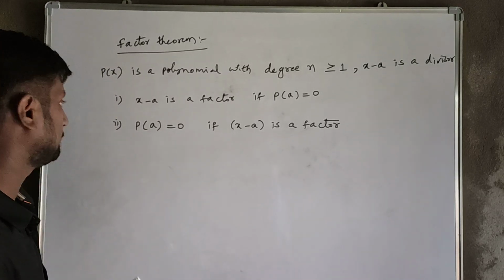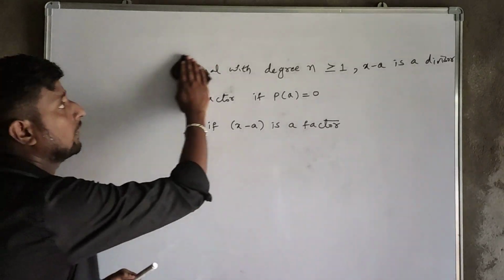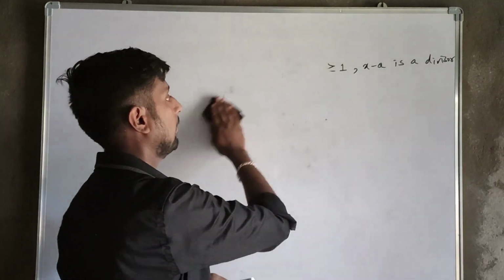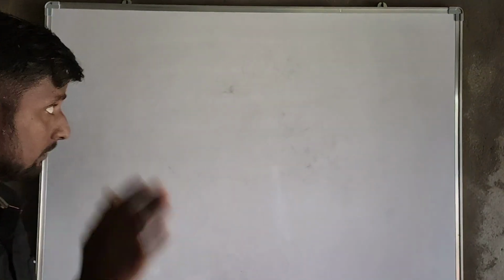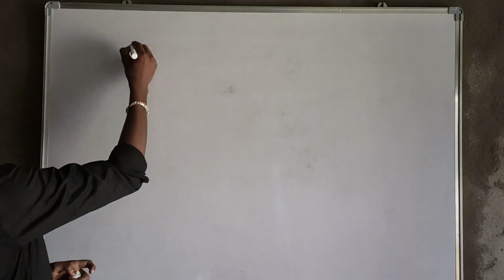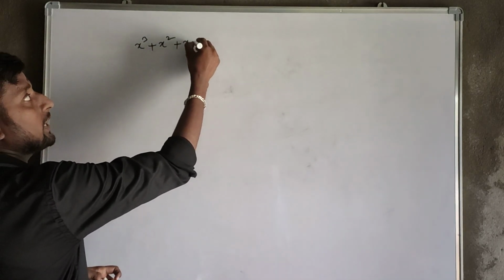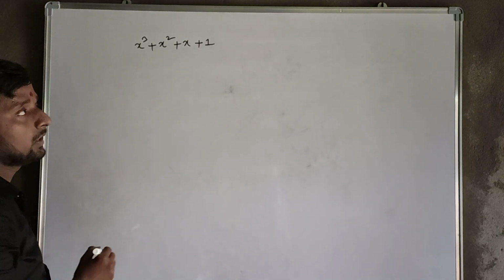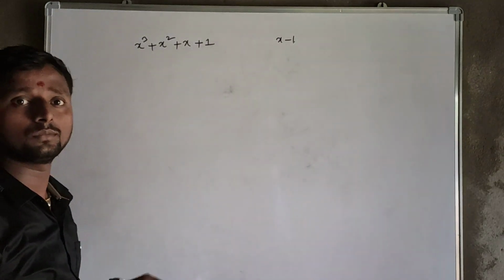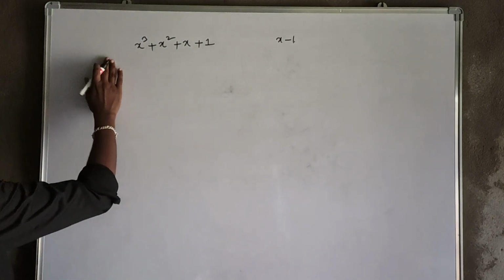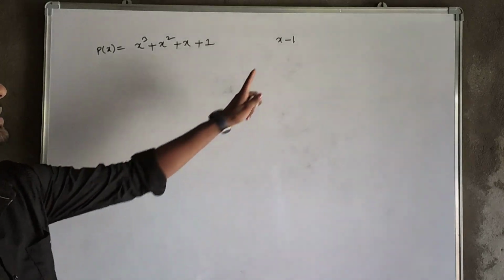Now we'll check. x cube plus x square plus x plus 1. Now check x minus 1. P of x is a polynomial and x minus 1 is a divisor.